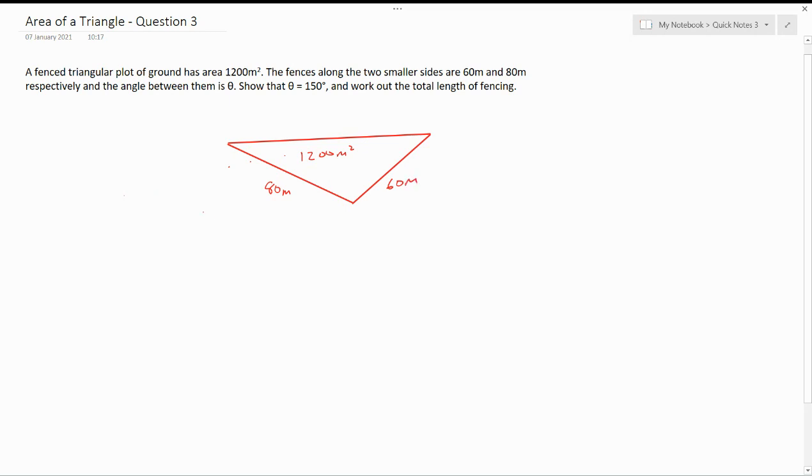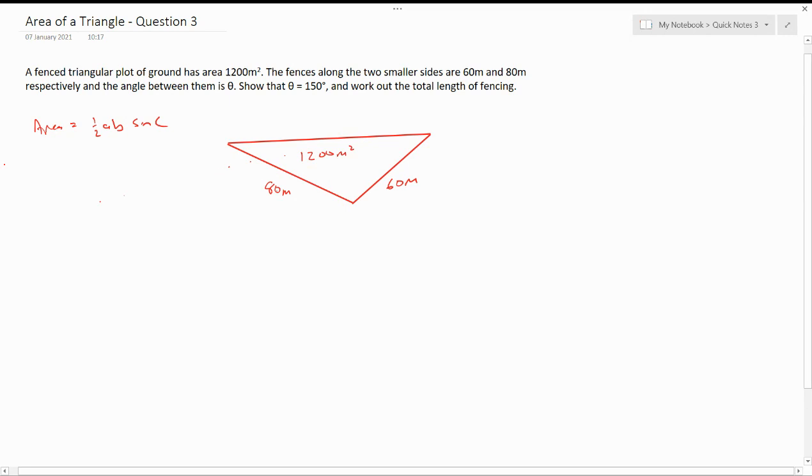I can't see where the pen is going. It sort of disappears. Right. So area of a triangle is equal to half ab sine C, the included angle, the angle in between. And we know it's equal to 1,200. So let's label the triangle.